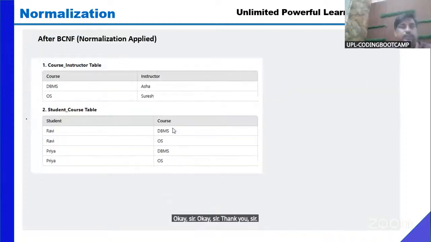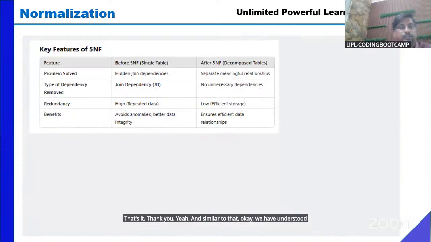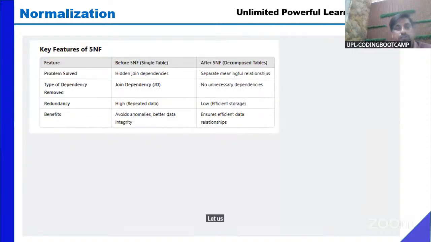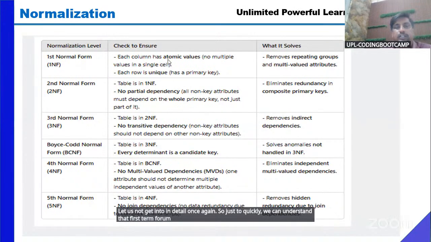We have understood fifth normal form. Let us not get into detail once again. Quickly, first normal form is, by definition, atomic values; it removes repeating groups or multi-valued attributes. Second normal form has no partial dependencies; it removes redundancy in composite primary keys.